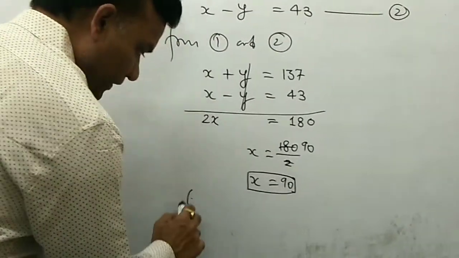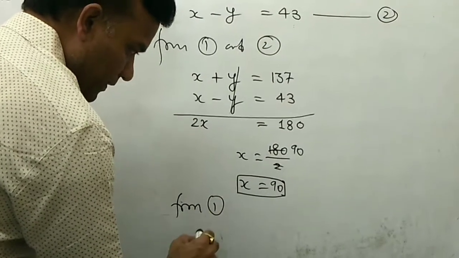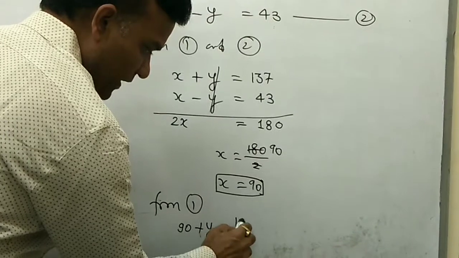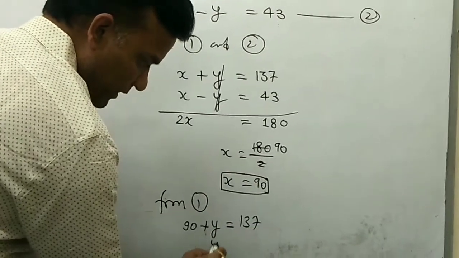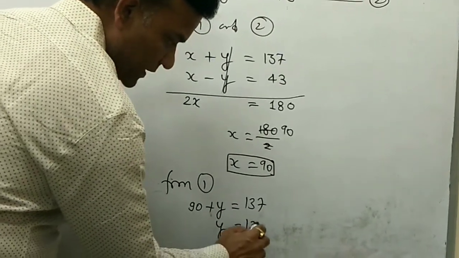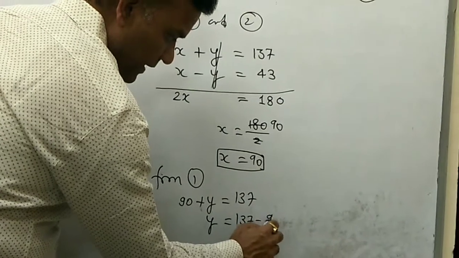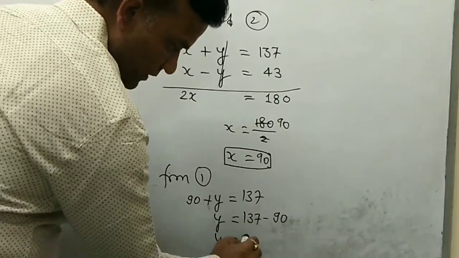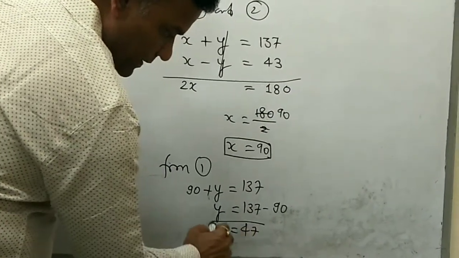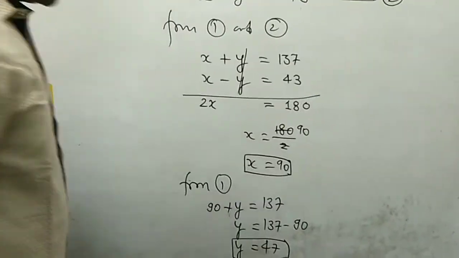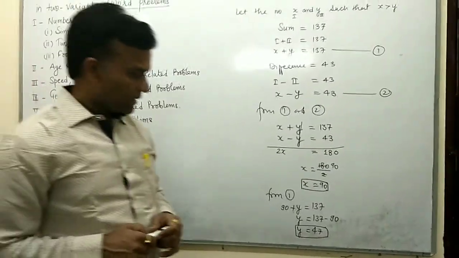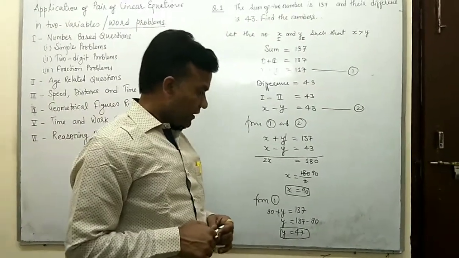From equation 1, 90 plus y equals 137, so y equals 137 minus 90, which is 47. So your first number is 90 and the second number is 47.